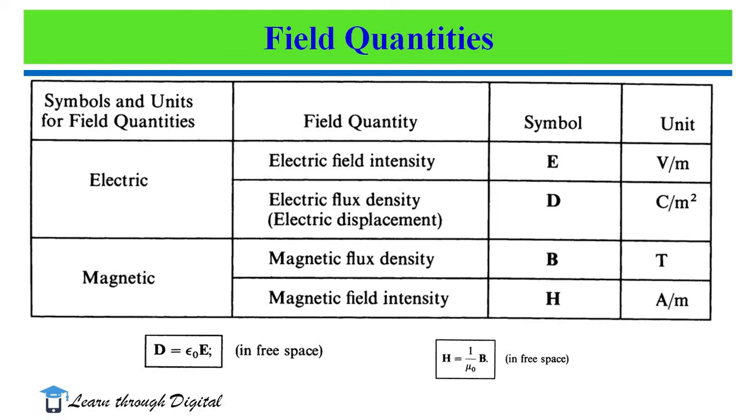Electric flux density is related to the electric field intensity by the permittivity of the medium. D vector is equal to epsilon naught E vector. Similarly, H vector is equal to 1 by mu naught B vector. Otherwise, B vector is equal to mu naught H vector for free space.